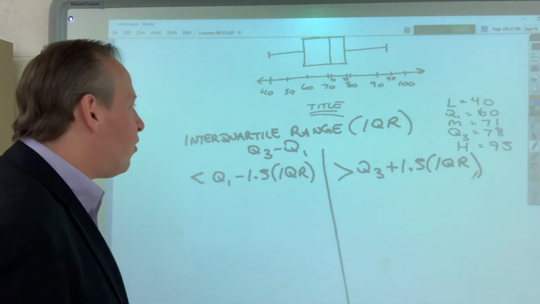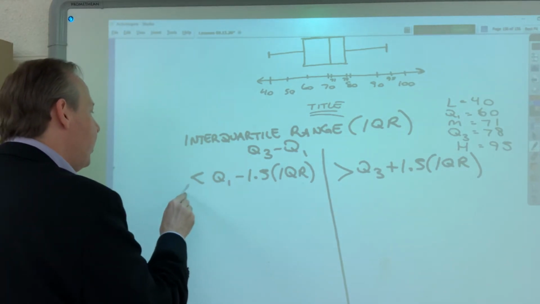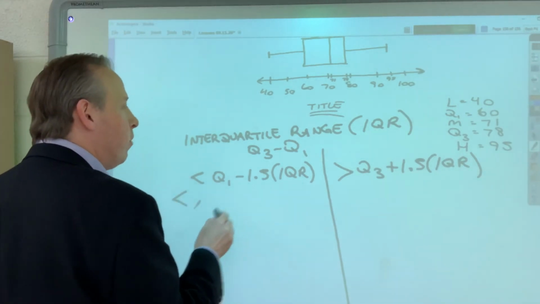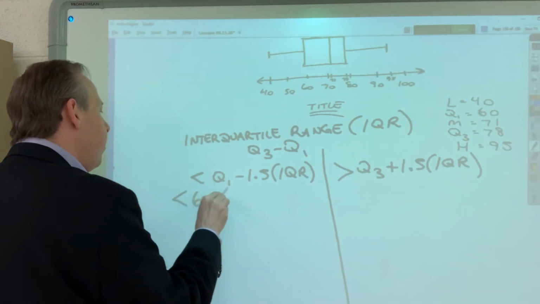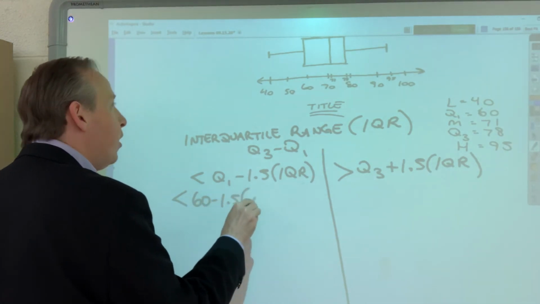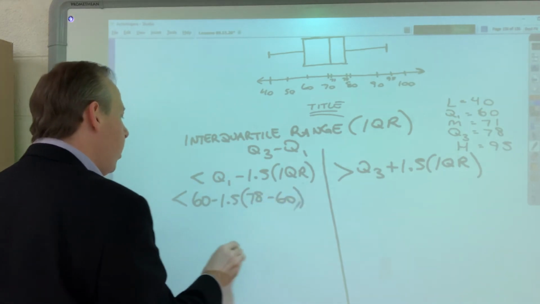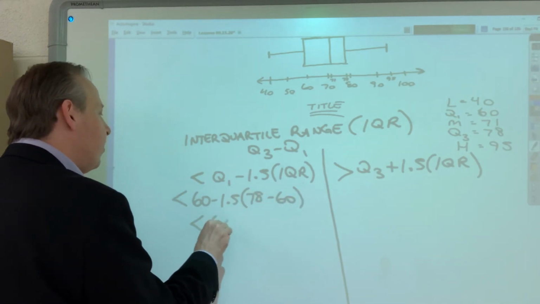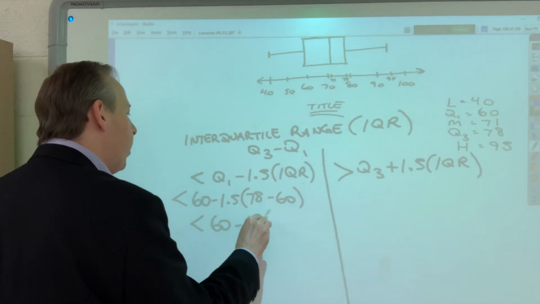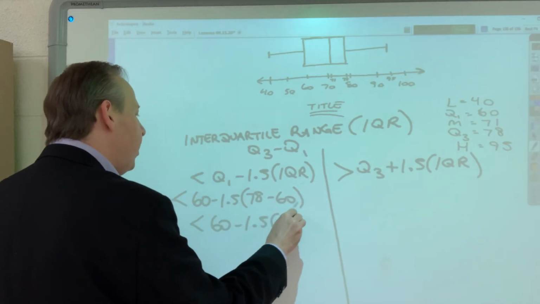So does our distribution have any? Well, let's see. Is there anything less than Q1, which is 60, minus 1.5 times Q3, 78, minus Q1, 60. So is there anything less than 60 minus 1.5 times 18?